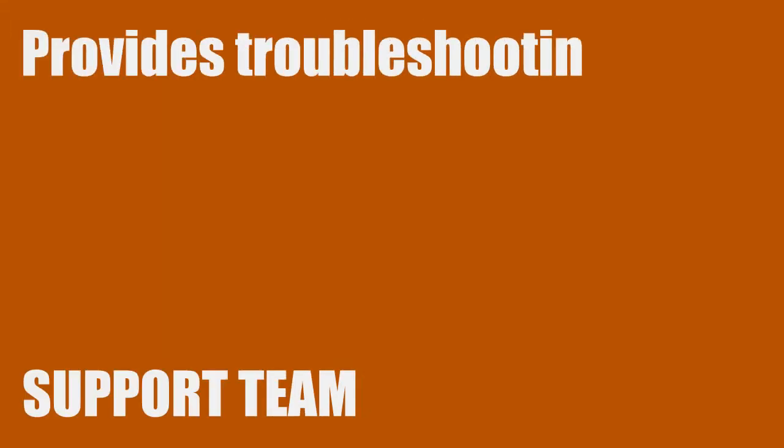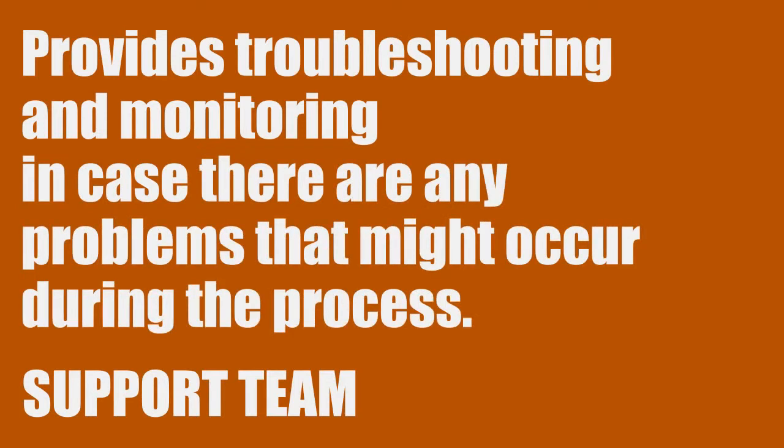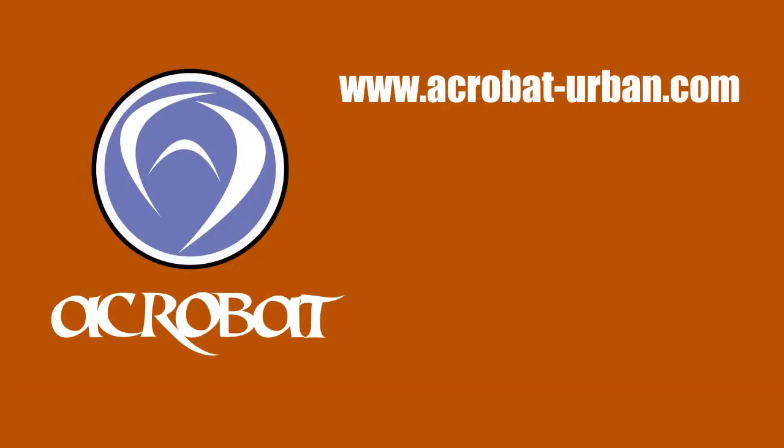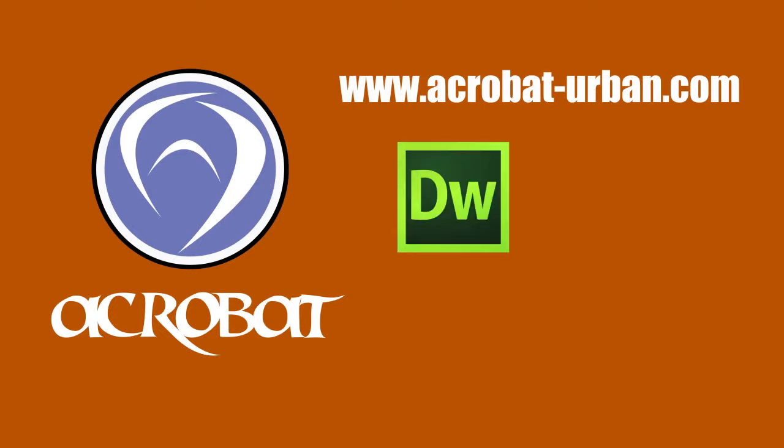The support group is there to provide troubleshooting and monitoring in case there are any problems that might occur during the process. Since the website will be developed in an e-commerce fashion, it is necessary to use web authoring software to complete this task. Usually Adobe products are best to use, especially Dreamweaver.